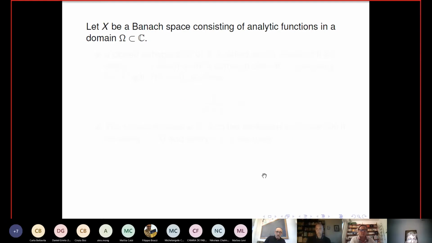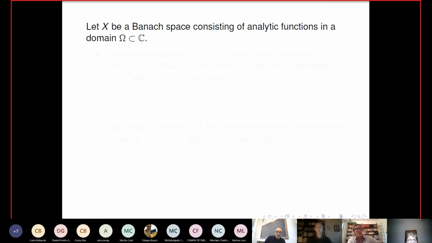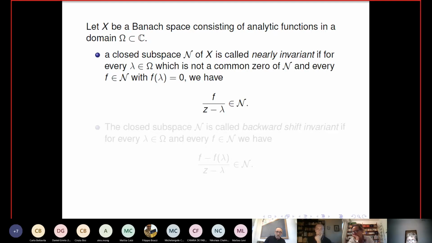Good. So here I want to explain first what kind of subspaces I mean, even if you're probably used to them. Usually, when we have a Banach space of analytic functions in a given domain in one variable, we say that a closed subspace is nearly invariant if you can divide out zeros.